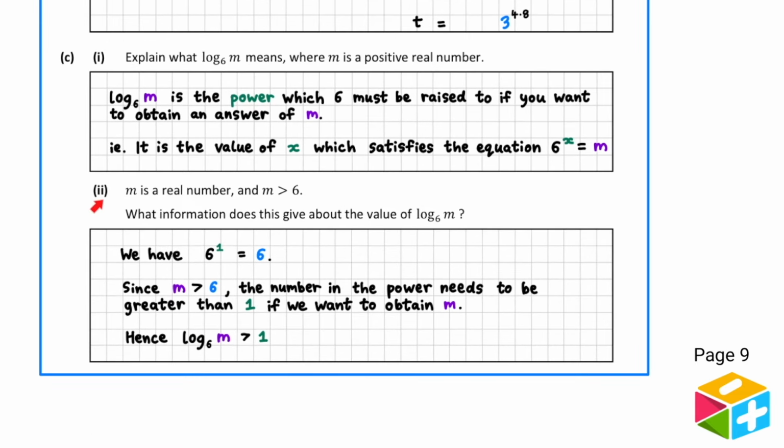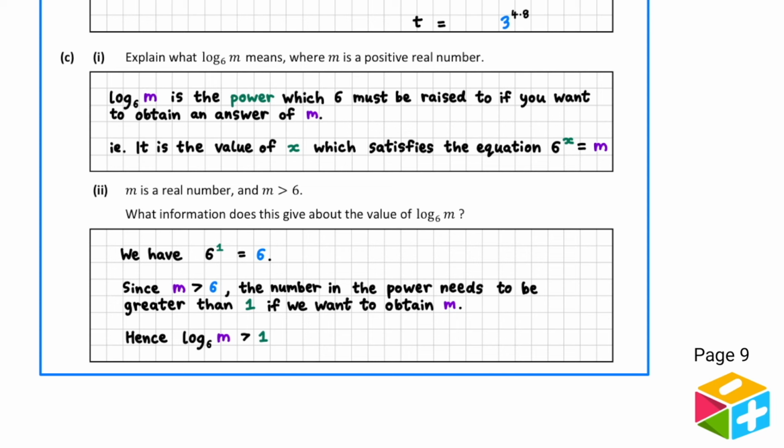In the next part of the question, we're told that m is a real number which is greater than 6. We must think about log base 6 of m. Well, if you were to put a 1 in the power of a 6, you would get 6 to the 1, which is 6. We can deduce that a number less than 1 in the power will give you a value which is less than 6.